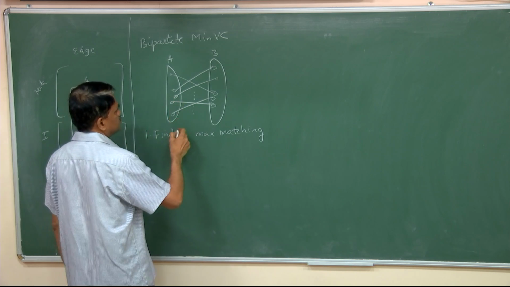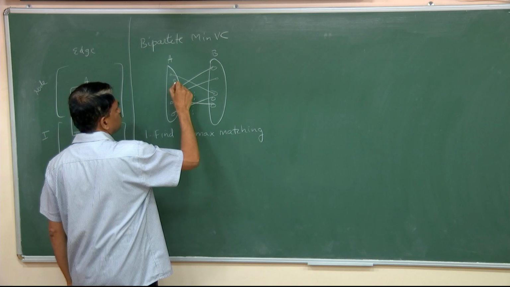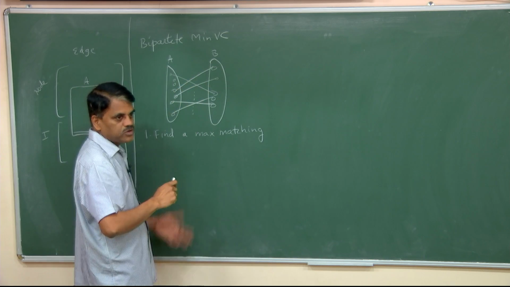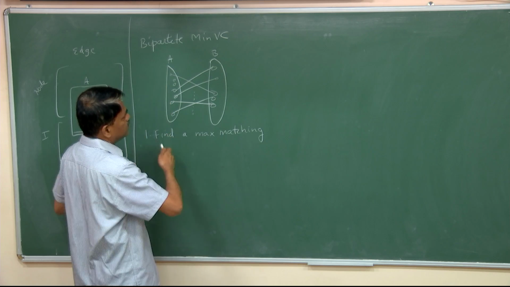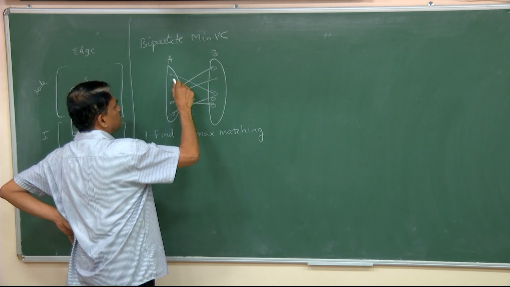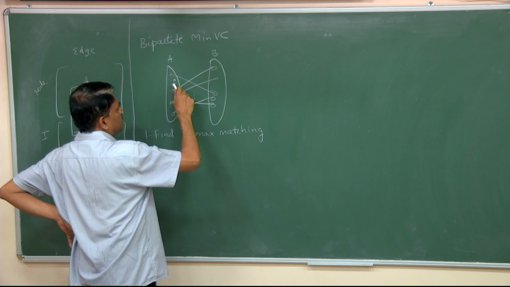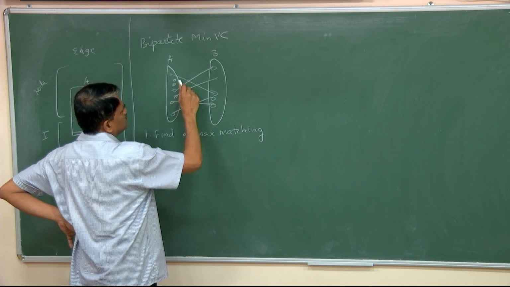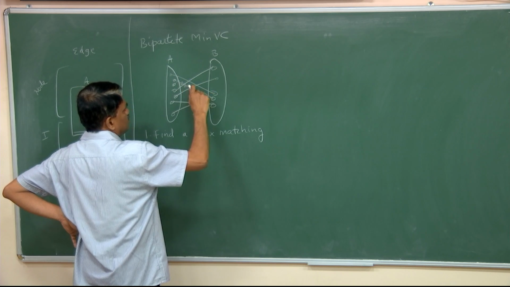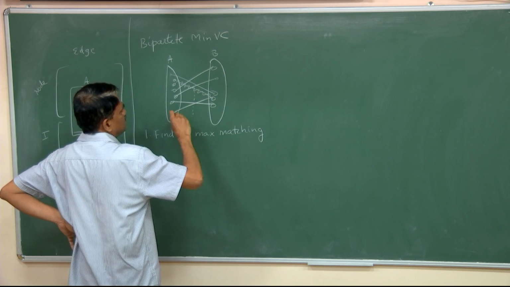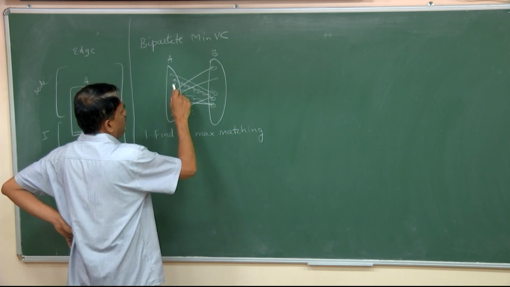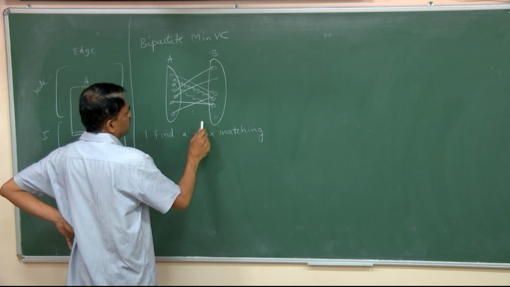Now this graph may also have some unexposed or exposed vertices. These are vertices which are not matched. It's possible, right? You're not necessarily saying there is a perfect matching. So there may be vertices which are not part of the matching, and there could be some edges like this. This is not a matching edge. You need to deal with these kinds of edges. There may be some unexposed vertices here.